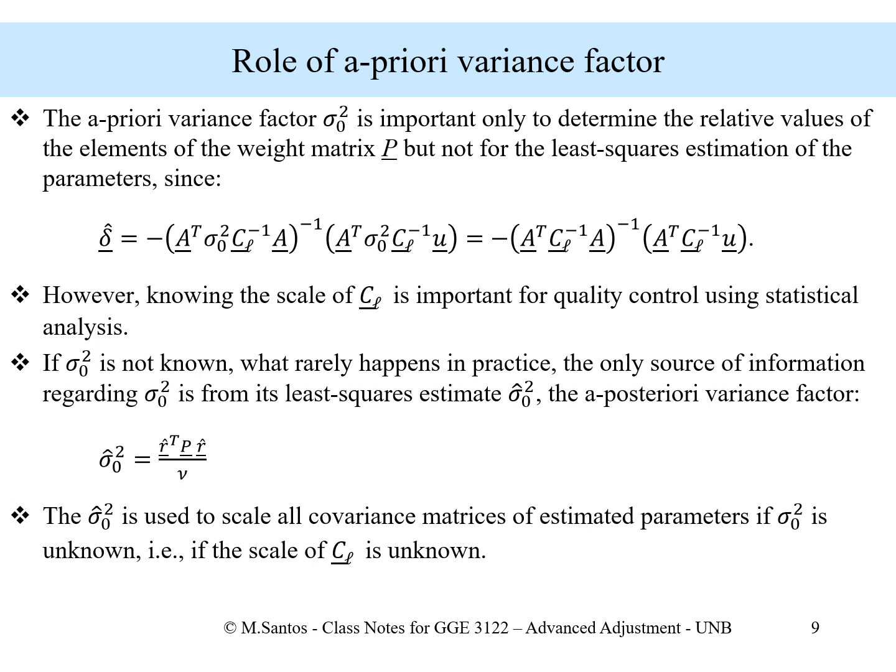Sigma hat naught squared equals the quadratic form divided by the degrees of freedom.